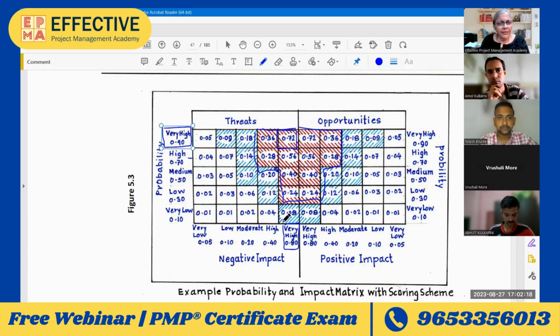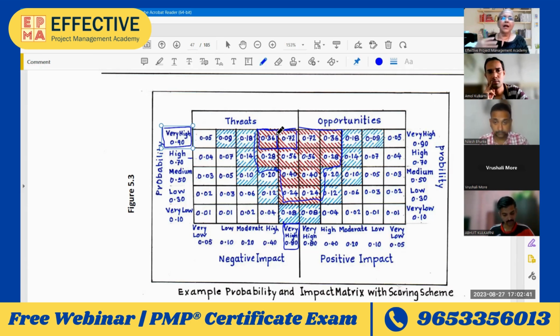So somewhere here, so 50% and 70%. So what is the value? 0.5 into 0.7, that's 0.35. So where is it? 0.35 is somewhere in this corner. So yes, that's an important risk for me.